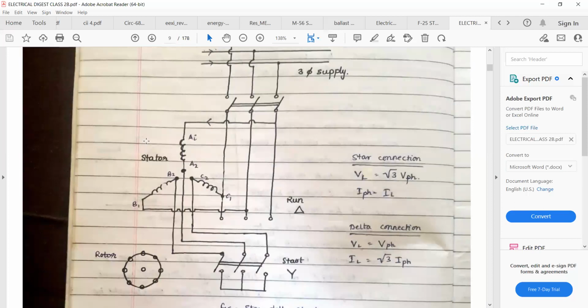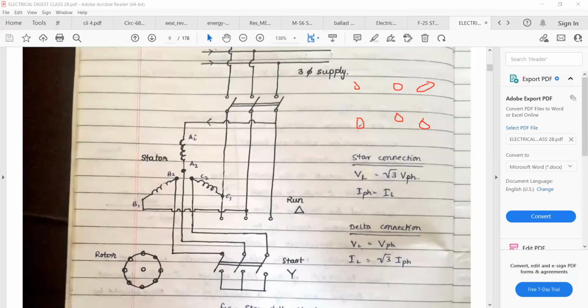So when you say your motor is star connected, six terminals are shown instead of, suppose, three. These are the 6 terminals.